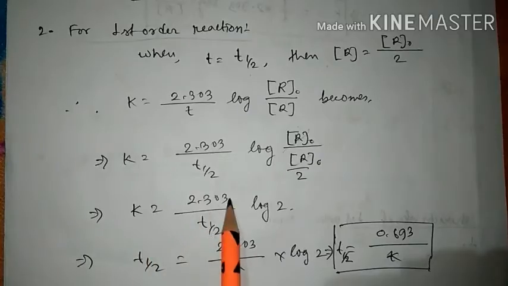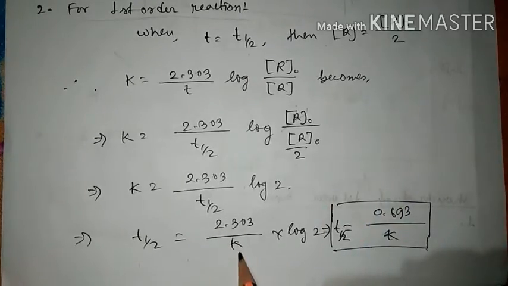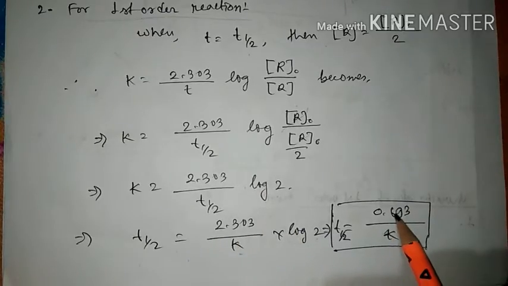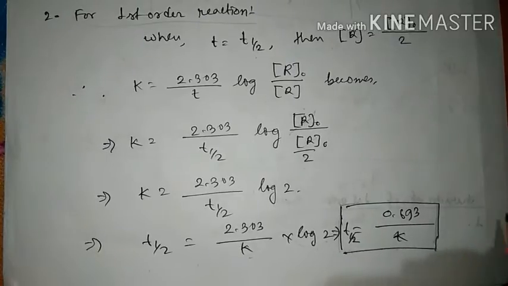K equals 2.303 divided by t half into log 2. Then t half becomes 2.303 divided by K into log 2. If you multiply the value of log 2 and 2.303, we get 0.693 divided by K, which equals t half. And this is the main equation for the half-life of the first order reaction.